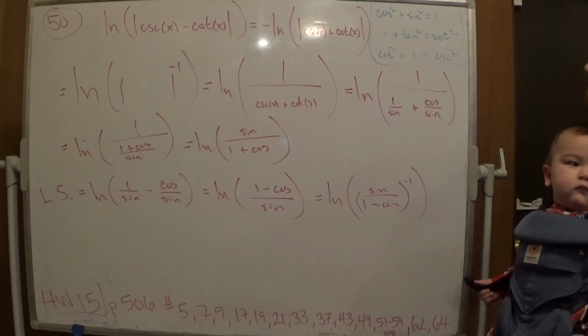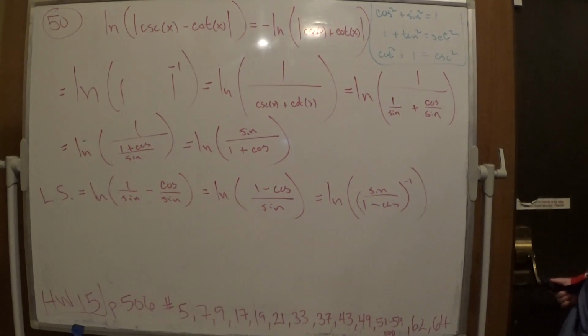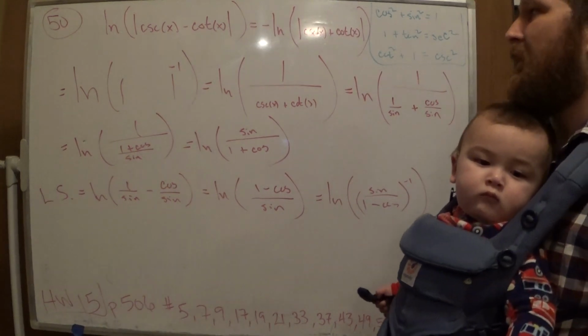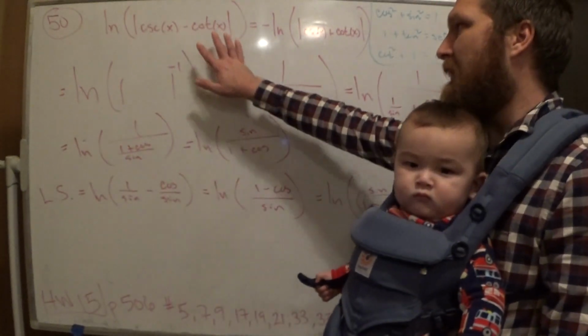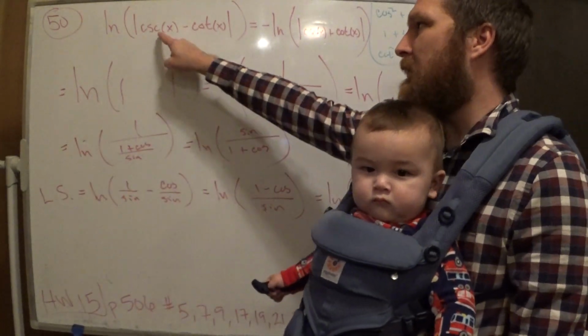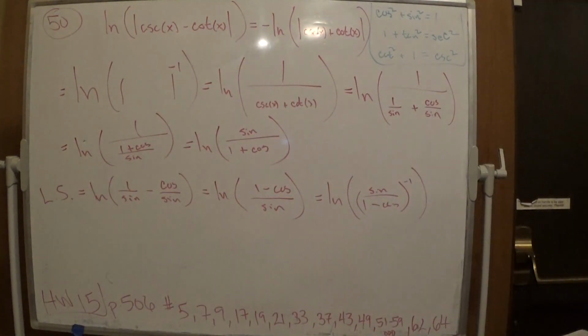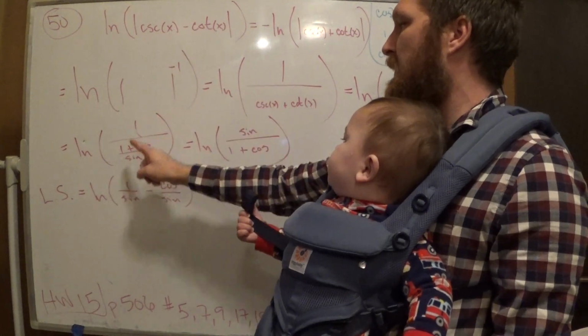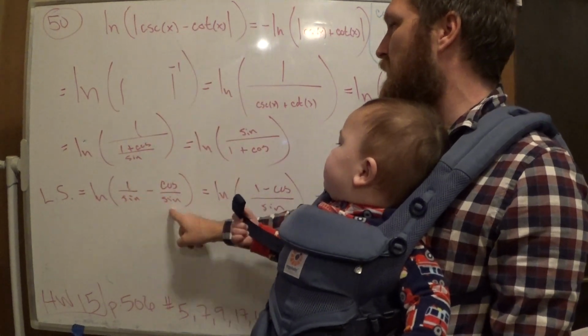So let's see where we've gotten to now. I'm glad that we're hitting walls because this is what's going to happen in your homework. Left-hand side, let's make sure we copied everything right. Cosecant minus cotangent is 1 over sine minus cosine over sine.